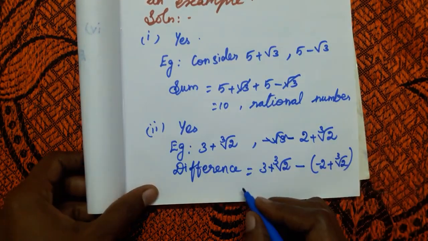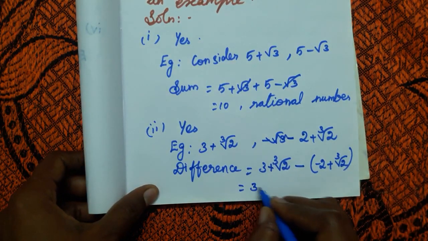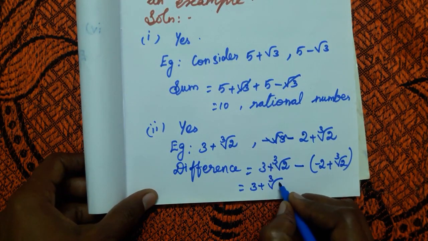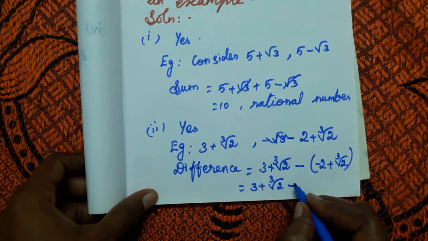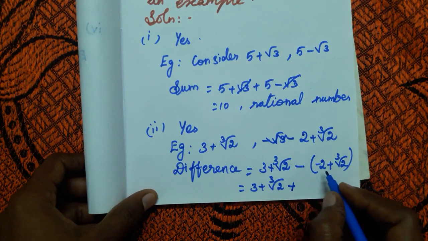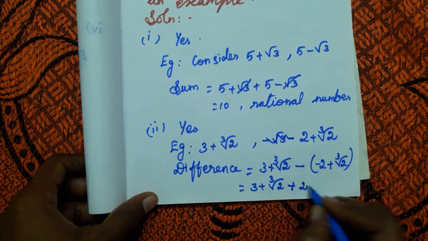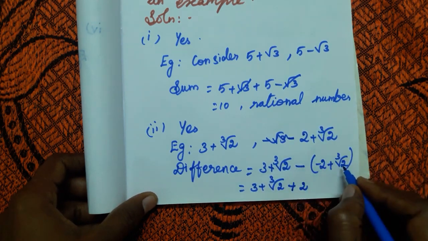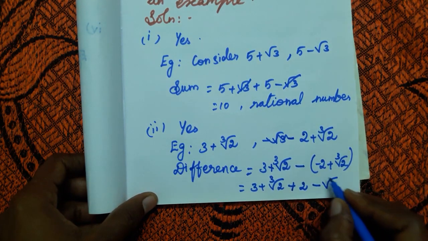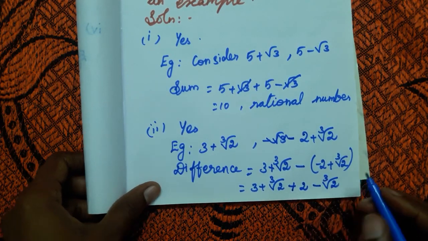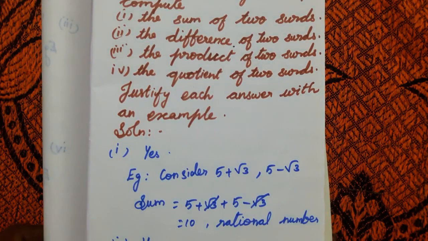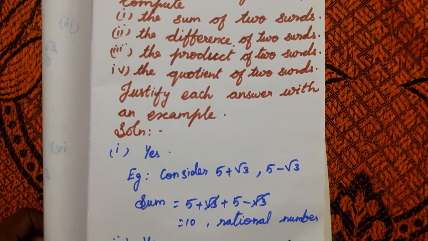Okay, you can give another example also. So 3 plus cube root of 2, minus, minus into minus plus, and 2 plus cube root of 2.